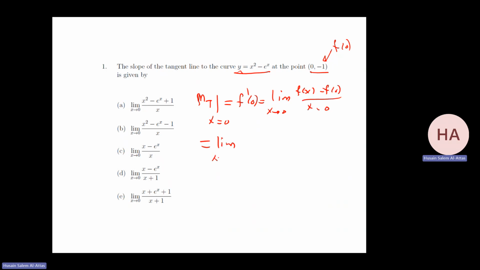It will be the limit as x goes to 0 of x squared minus ax minus f of 0, which is minus minus 1, over x. And it will be the limit as x goes to 0 of x squared minus ax plus 1 over x, which is this.